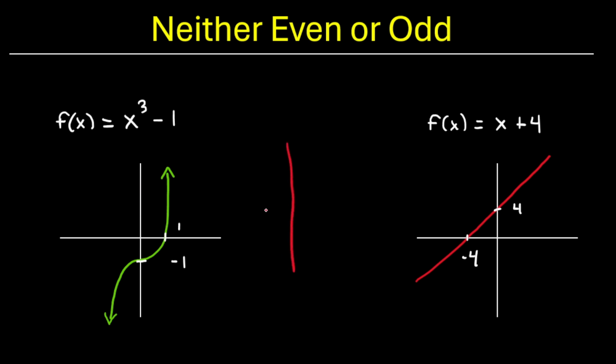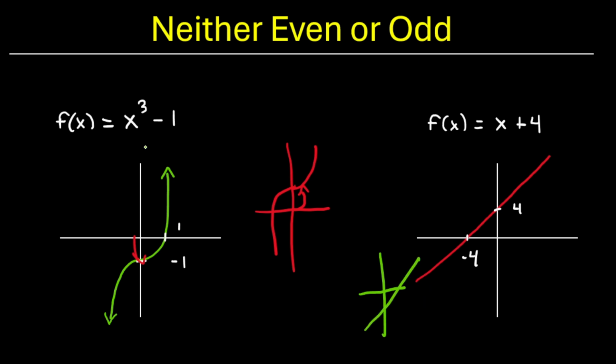So if we rotate this 180 degrees, it's going to look something like that, right? So it's above the origin, whereas this one's below the origin. Okay? And a very similar example here, we've got x shifted up 4. So if we rotate that 180 degrees, it'll look something like that.